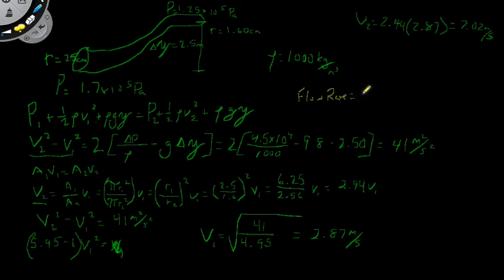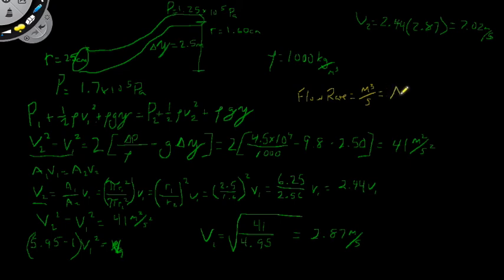Flow rate right now is going to be equal to... We always know it's in meters cubed per second. So we can also really easily get meters cubed per second. Look, if I take an area and multiply it times the velocity, I get a flow rate. So I can take any of the areas, as long as I compare them with the actual velocity.